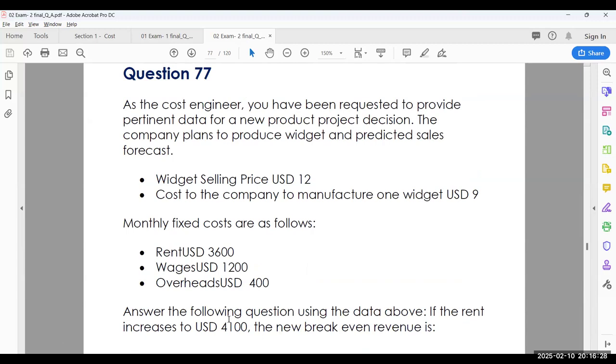Now, next scenario, if the rent increases to 4100, what is the new break-even unit? $2,900.